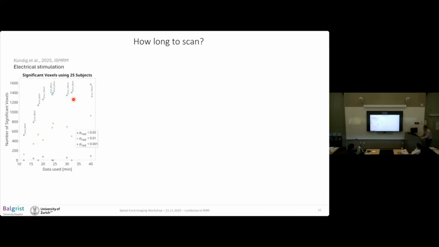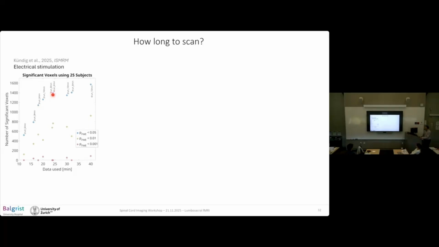So one thing that you notice is that the number of significant voxels goes up if we include more data per session, but it largely plateaus after around 24 minutes. So it doesn't seem to be needed to acquire more than 25 minutes of data, which I think is good news.